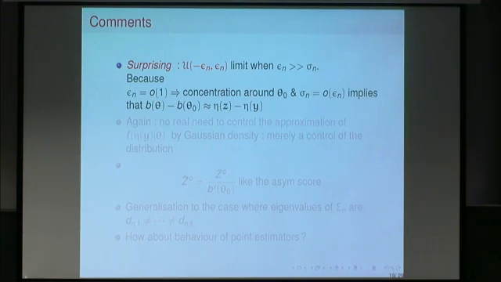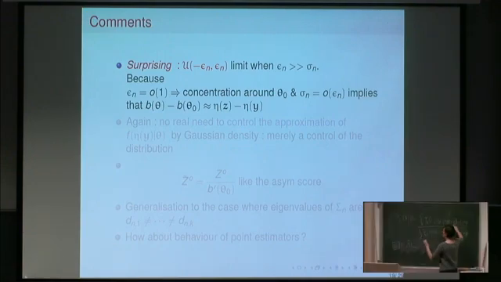Now, if you are in the regime where epsilon n is much larger than sigma n, eta z is equal to b theta naught plus a big O p of sigma n. Eta y is b theta plus a big O p of sigma n.